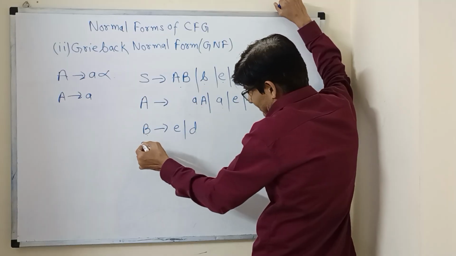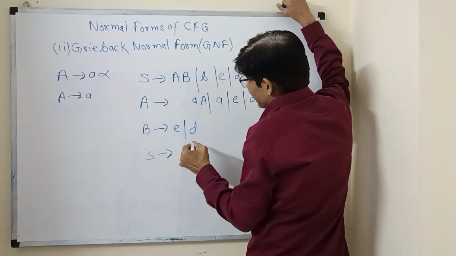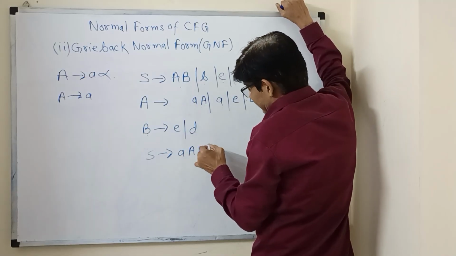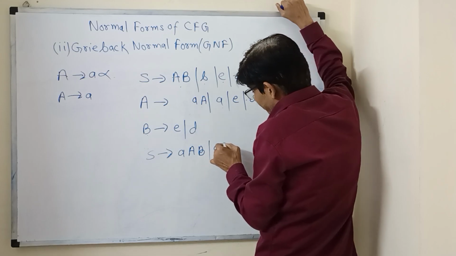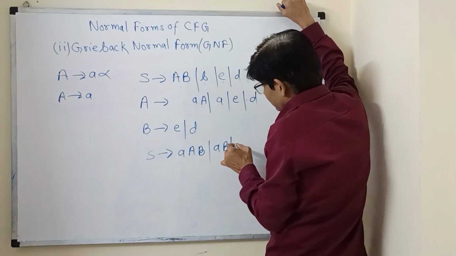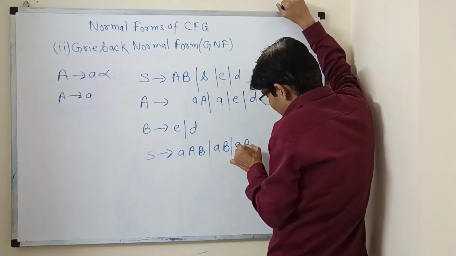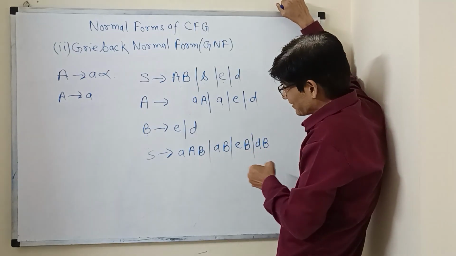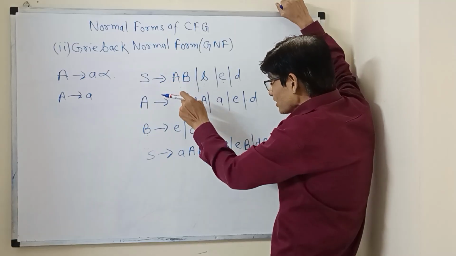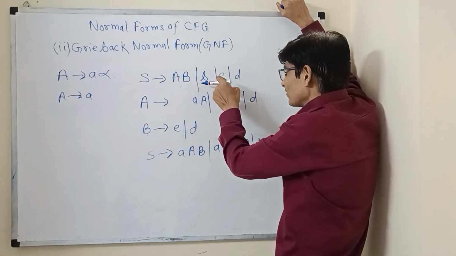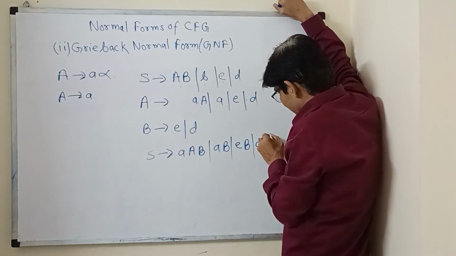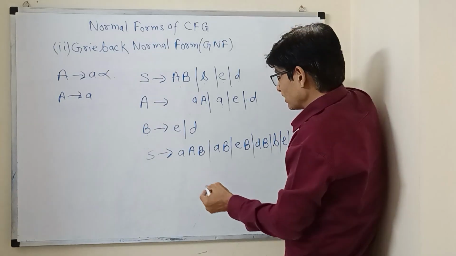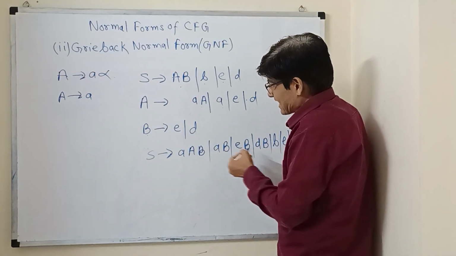The new grammar will be like this: S gives first A B, then second is A B, then third is E B, then fourth is D B. These four productions we have created for S by replacing A with all its productions. The remaining productions of S will be as they are: B, then E, then D. So now we have seven productions of S here.